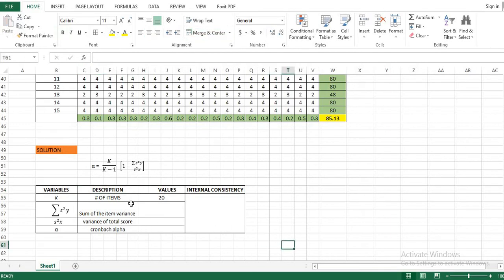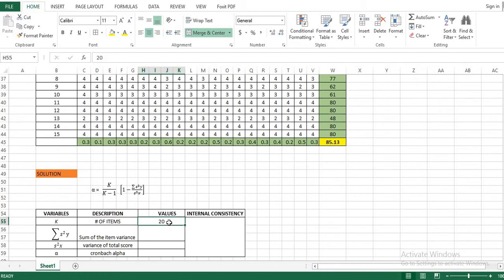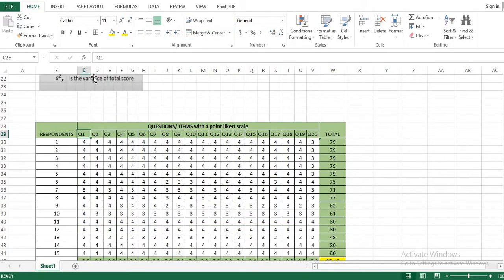So again, K is the number of items. So we have 20 questions, so 20 here. And the summation of the item variance. Remember, a while ago we looked for the variance of each question.